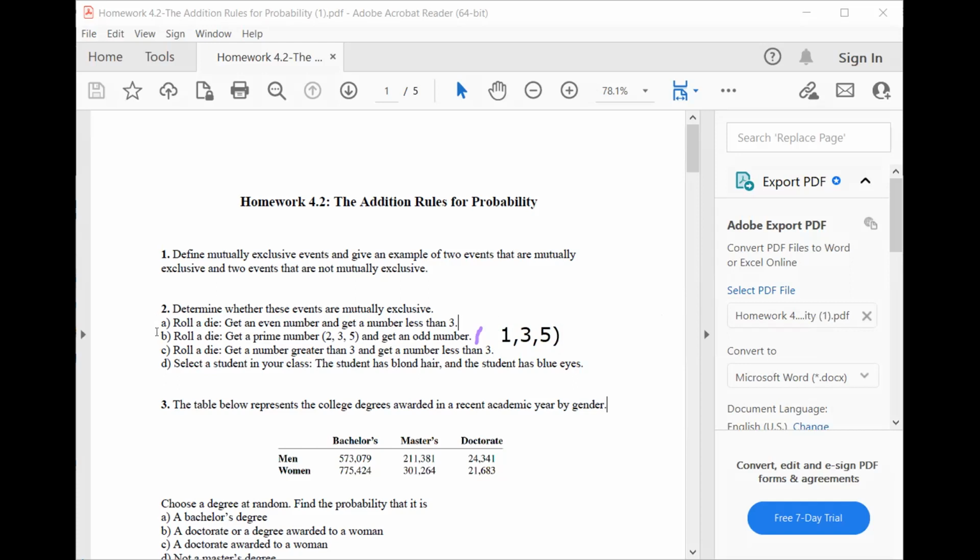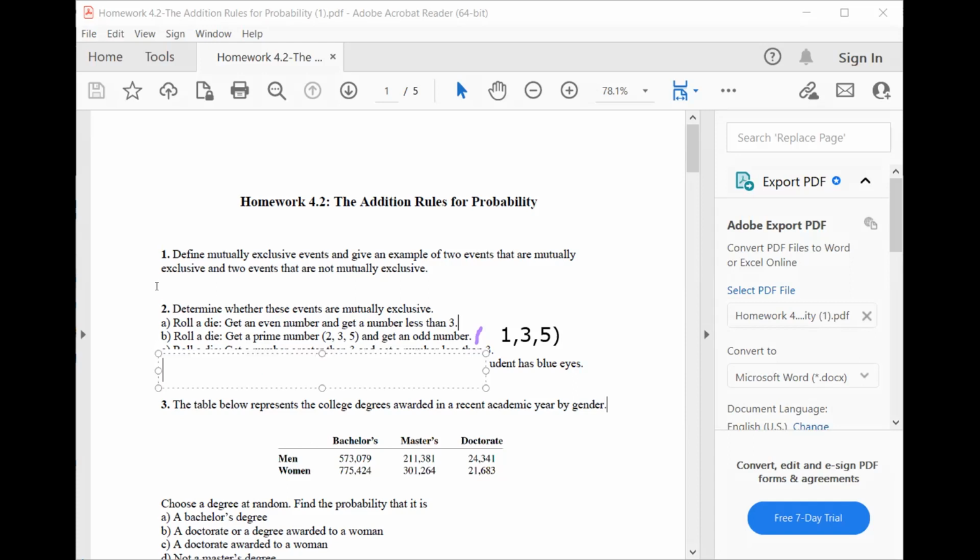Now, how about C? Roll a die, get a number greater than 3 and a number less than 3. What do you think about that? Yes. Those would be mutually exclusive, correct? So C should be yes.